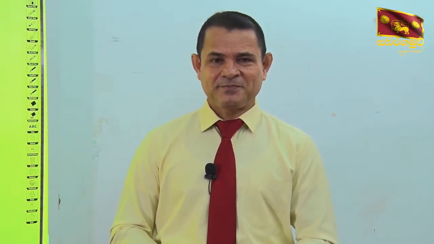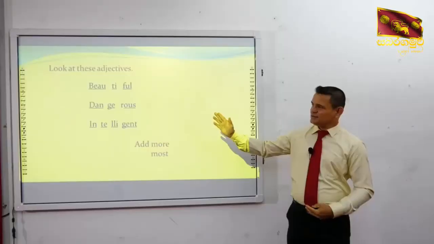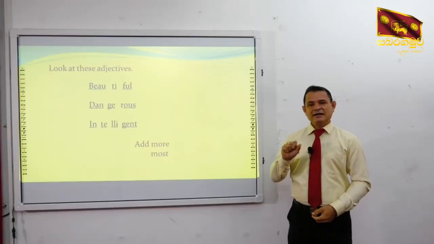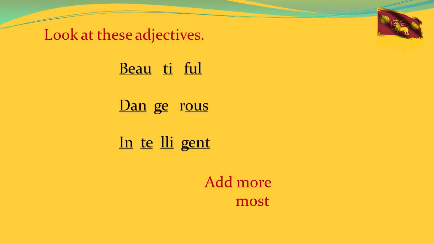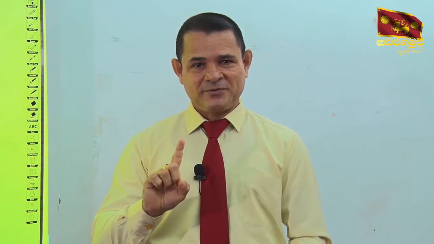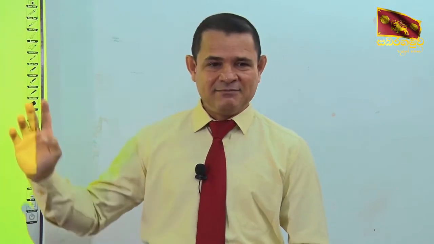Now just look at this word beautiful, you can't say it at once. Beautiful. 3 syllables are there. B-E-A-U gives you one sound. T-I, only 2 letters but one sound. Full, 3 letters but one sound.